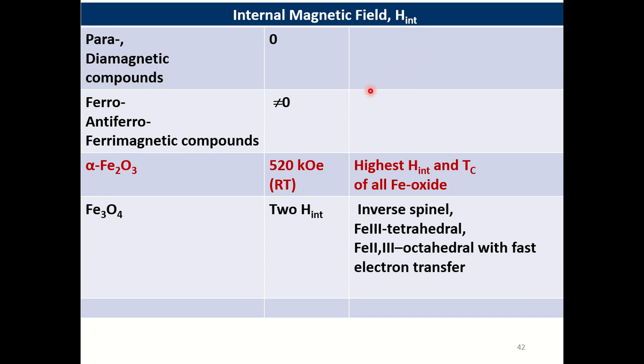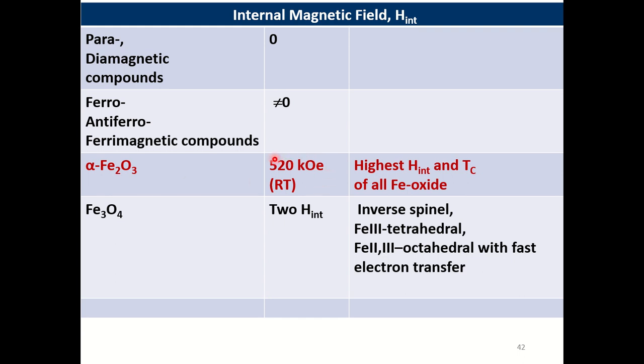If we look at the internal magnetic field, in a para or diamagnetic compound the internal magnetic field is 0. In an antiferromagnetic or ferrimagnetic compound, this has a non-zero value. Amongst different samples, the highest value is obtained in alpha Fe2O3, which we know by the common name hematite.